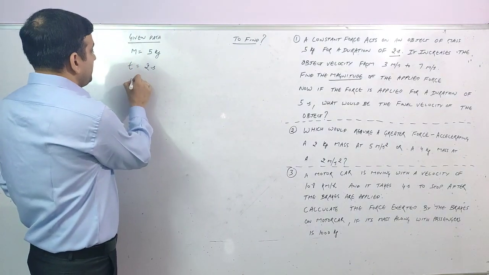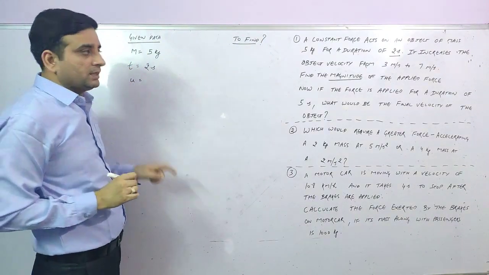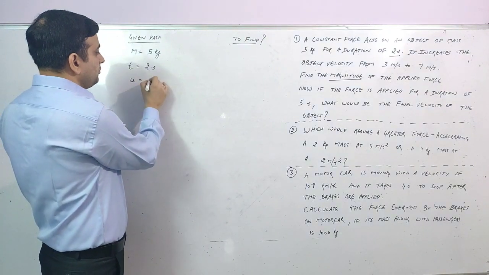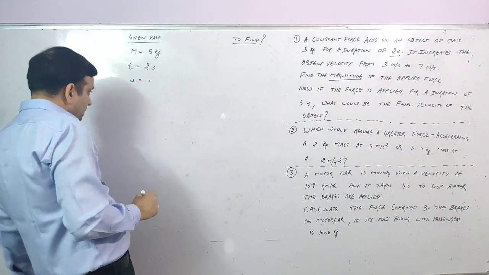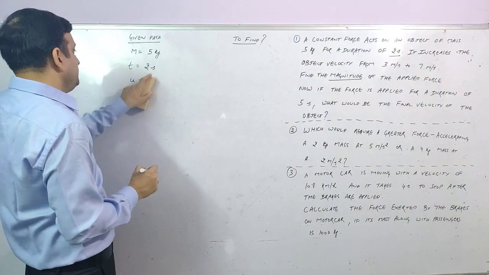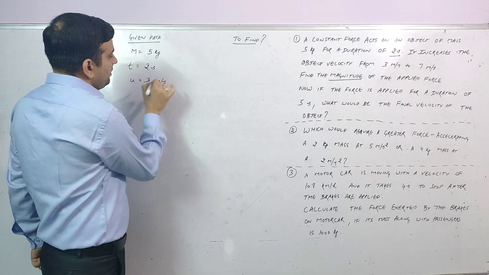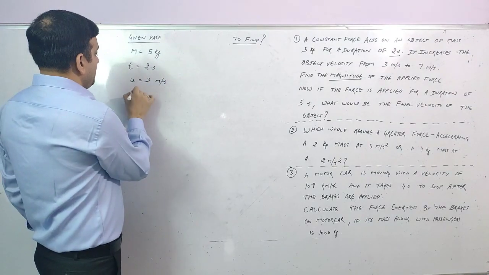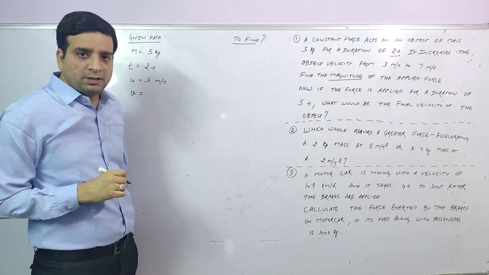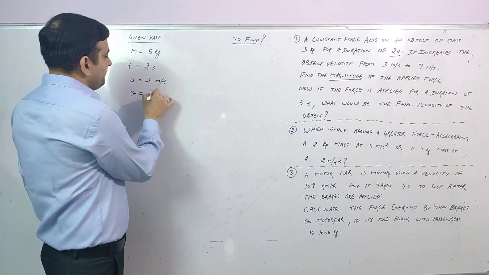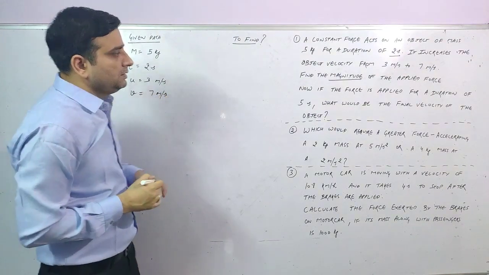At first it was moving with what velocity? 3 meter per second. So initial velocity is u, and the value of u is given in this statement, 3 meter per second. And after application of force, velocity changes from 3 to 7 meter per second.